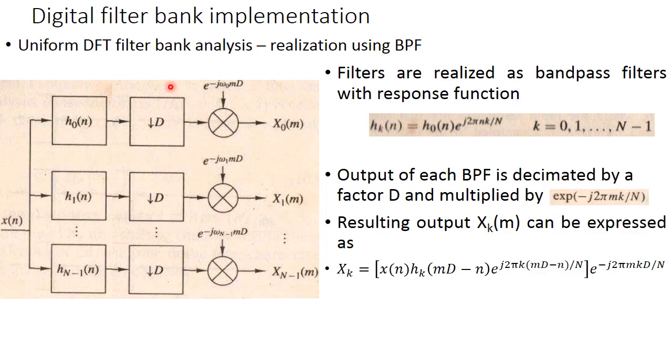So altogether the response of these two, the filter and the decimator, is hk of mD minus n into e raised to j 2 pi k mD minus n divided by N.